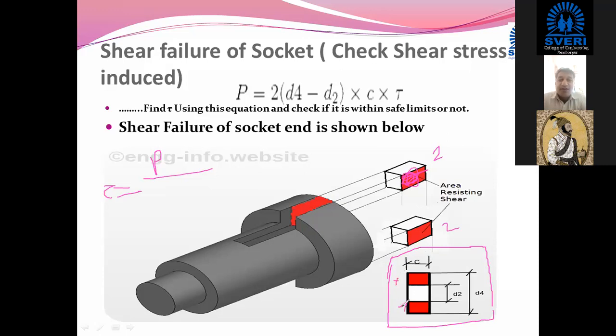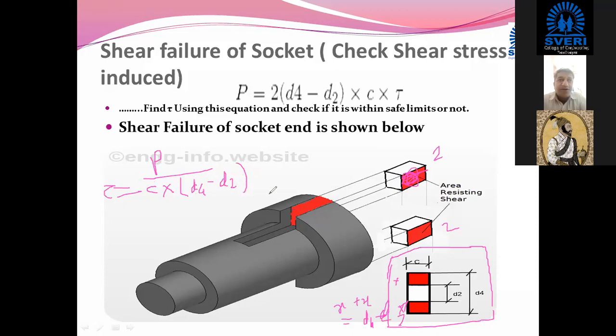Actually X and Y are both the same, so I can directly write X and X. This X plus X can be calculated as D4 minus D2, like in the previous case which we calculated. So this area can be calculated as C multiplied by D4 minus D2.